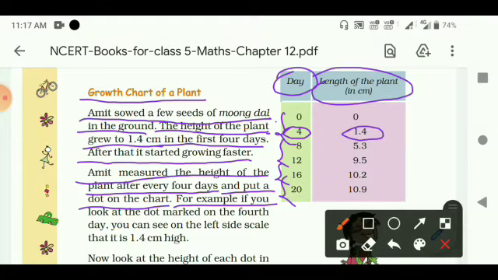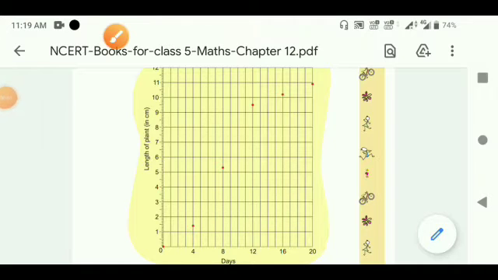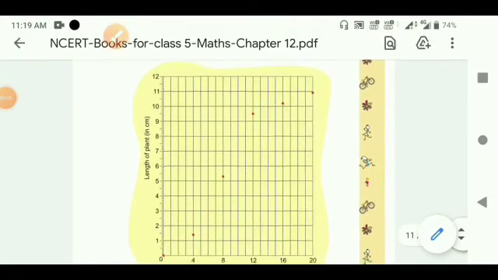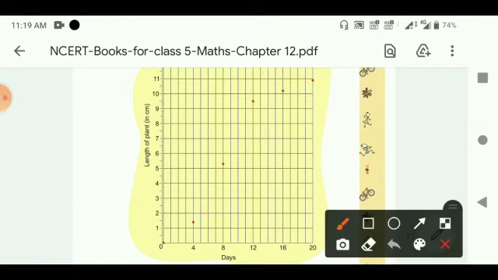For example, if you look at the dot mark on the 4th day, you can see on the left scale that it is 1.4 centimeter high. Students, let us look at the dot mark on the 4th day in the chart. Here you can see days and here you can see length of plant in centimeter.